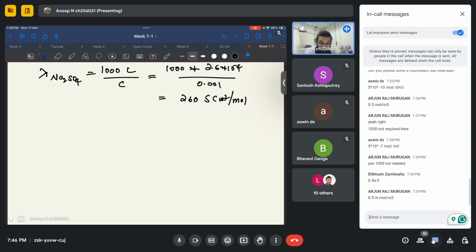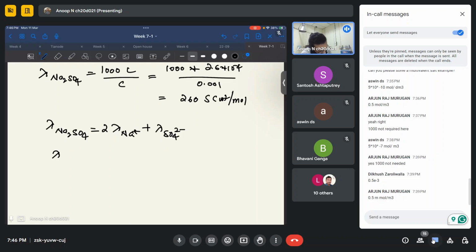So we want to find out lambda of Na2SO4, which is equal to 2 lambda Na plus plus lambda SO4 2 minus.